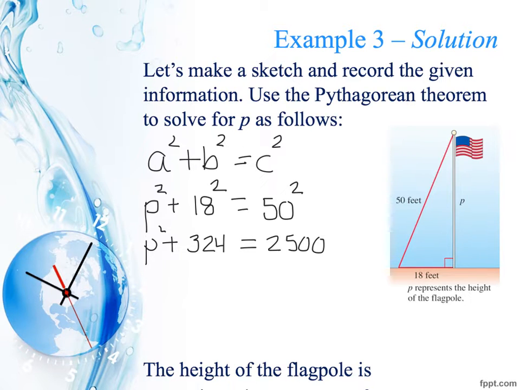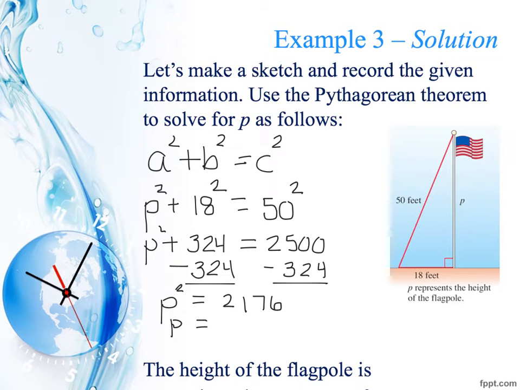Again, I'm trying to solve for P, so I have to undo the addition by subtracting 324 from both sides. And that'll leave me with P squared is equal to 2,176. Now I'm in a situation where I've got x squared equals a, so I know to square root both sides.